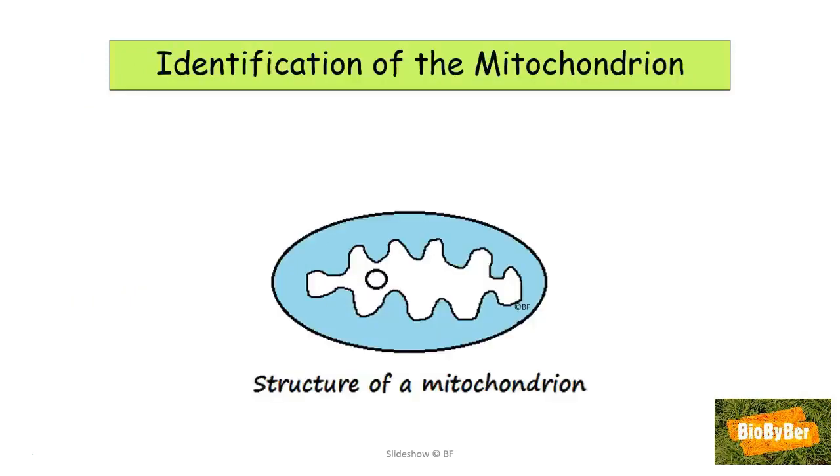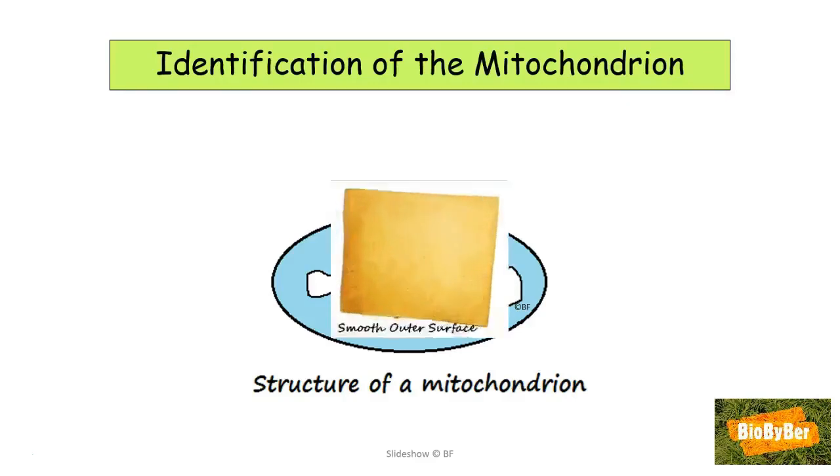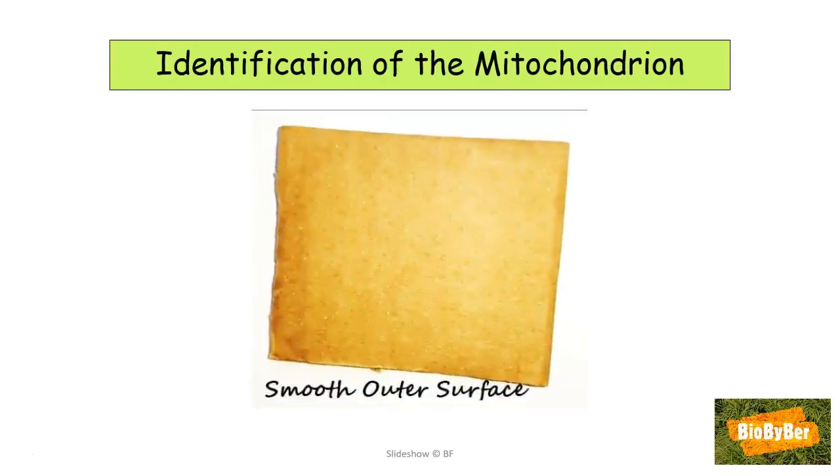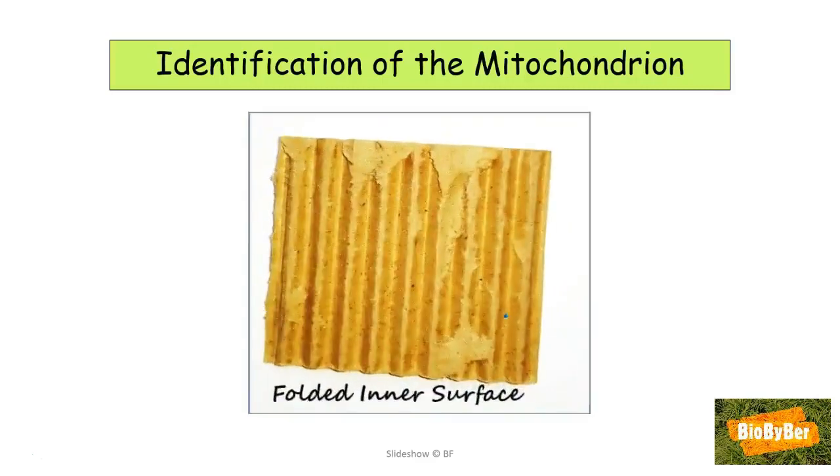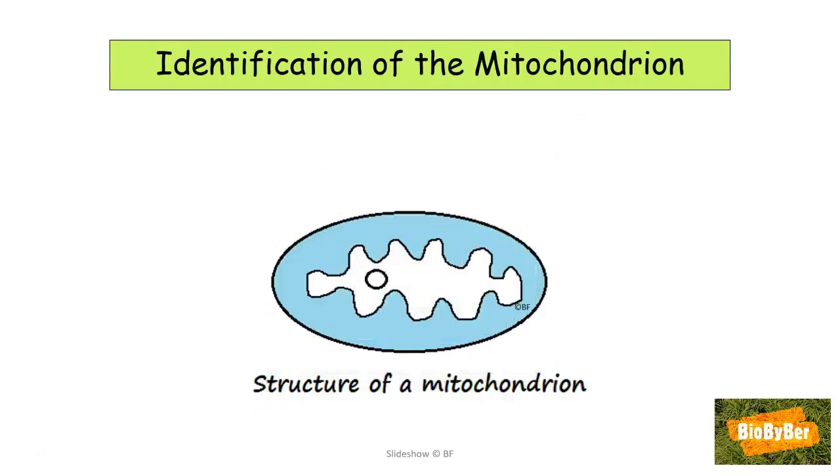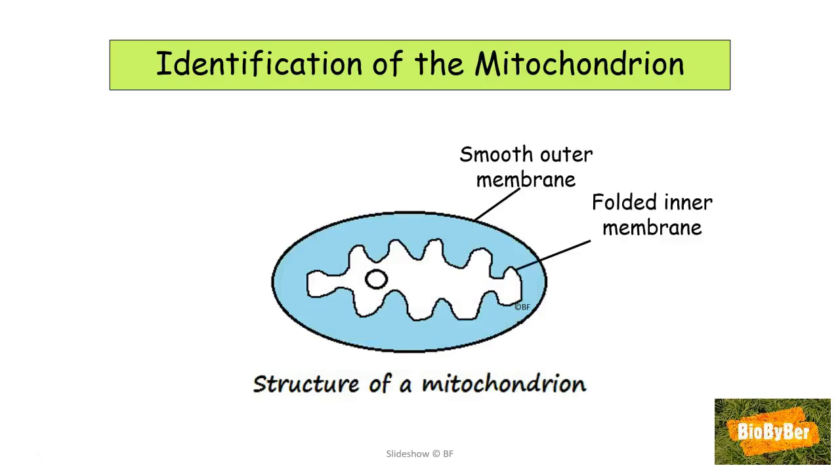Now, let's have a look at a mitochondrion. The structure of a mitochondrion reminds me of a piece of corrugated cardboard with its smooth outer surface and its folded inner surface. The mitochondrion is quite similar, to my mind, because it has a smooth outer membrane and a folded inner membrane.